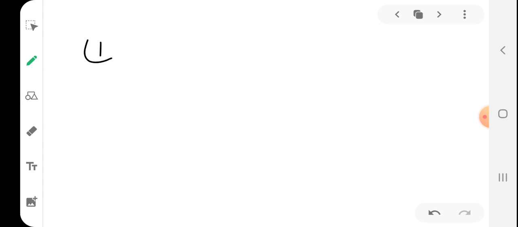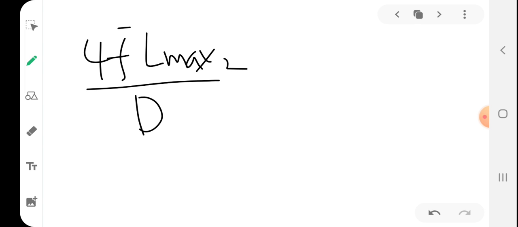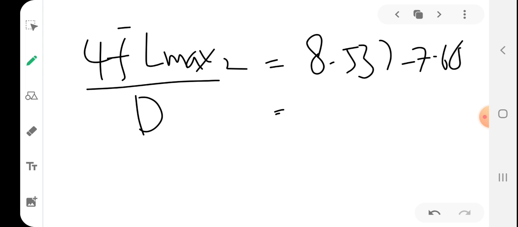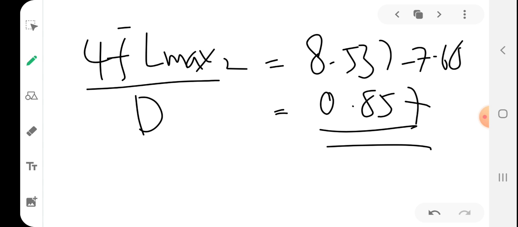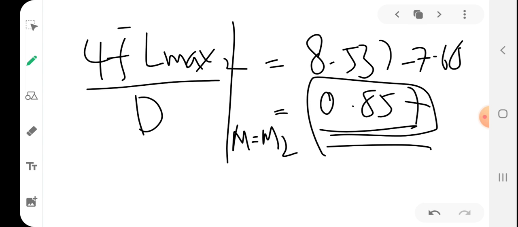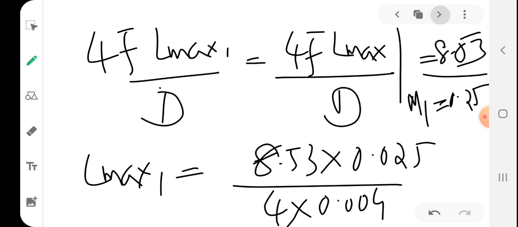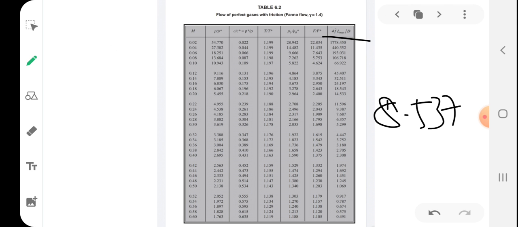So 4f bar Lmax 2 by d is nothing but 8.537 minus 7.68. So that will be around 0.857. So students, corresponding to 0.857, Lmax 2 will be corresponding to M equal to M2. So you check for this particular value what will be the Mach number from this particular table.